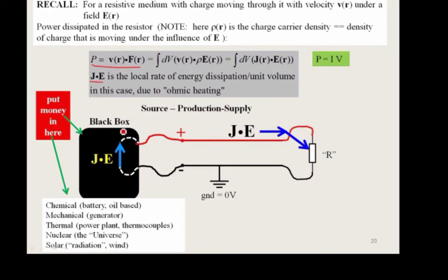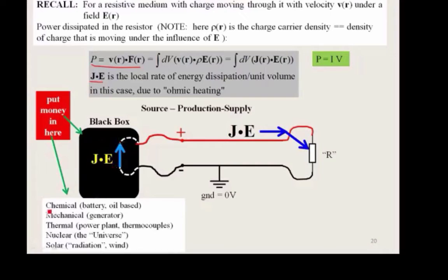In what I call the black box, we have to be generating the difference of potential in order for this to happen. So you can think of J dot E flowing in this direction in order to produce that potential. Well, that's going to cost somebody. It's going to cost money, and where does that money go? Well, it goes into the sources of energy that cause this flow of J dot E.